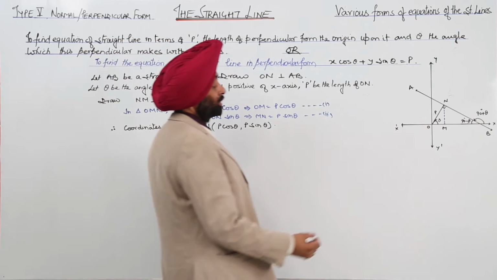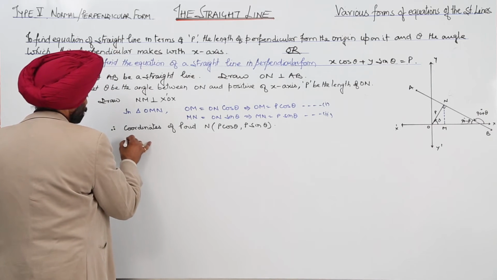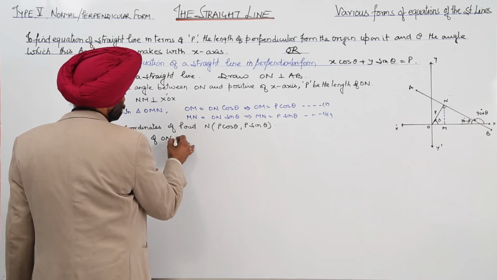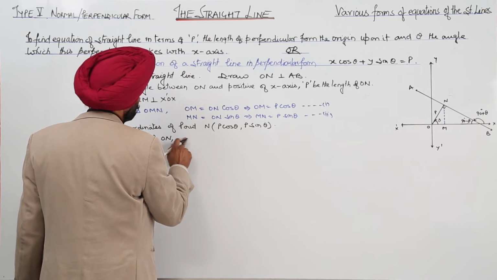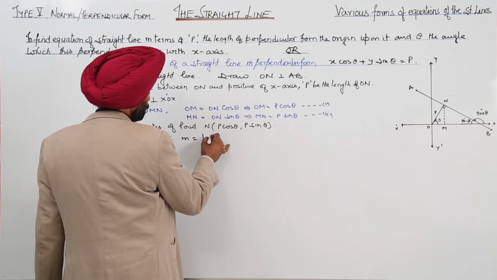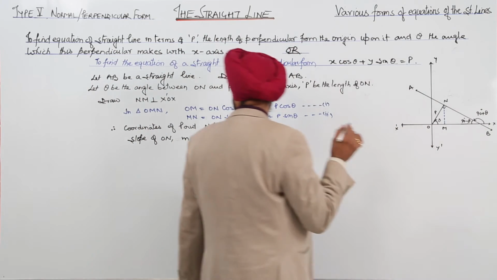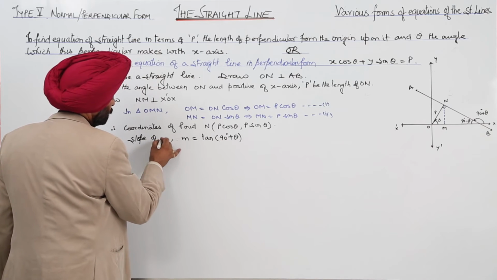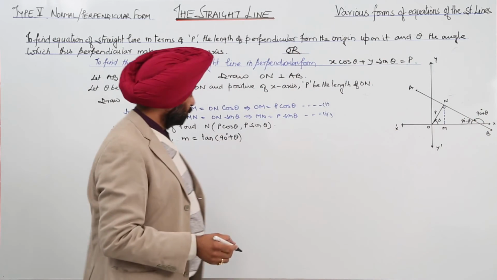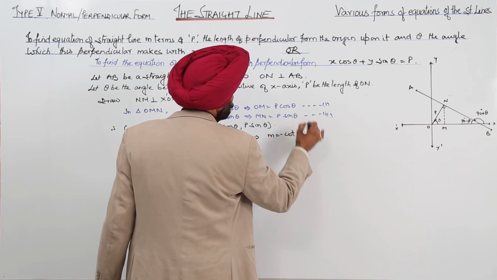So we got the coordinates for this point N. Now the slope of AB, not ON, the slope of AB. From here to here, the angle is 90 degrees plus theta. So we have m is equal to tan of 90 degrees plus theta, which is negative cot theta.